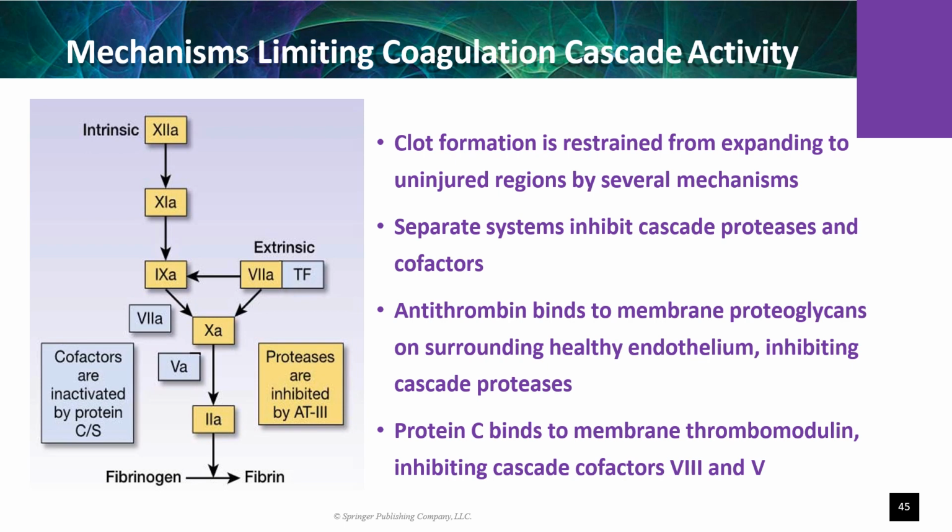The circulating mediator AT3 binds to the endothelial cell and inactivates the proteases. Protein C and protein S work together to cleave and inactivate factors 8 and 5, the required cofactors for factors 9 and 10.